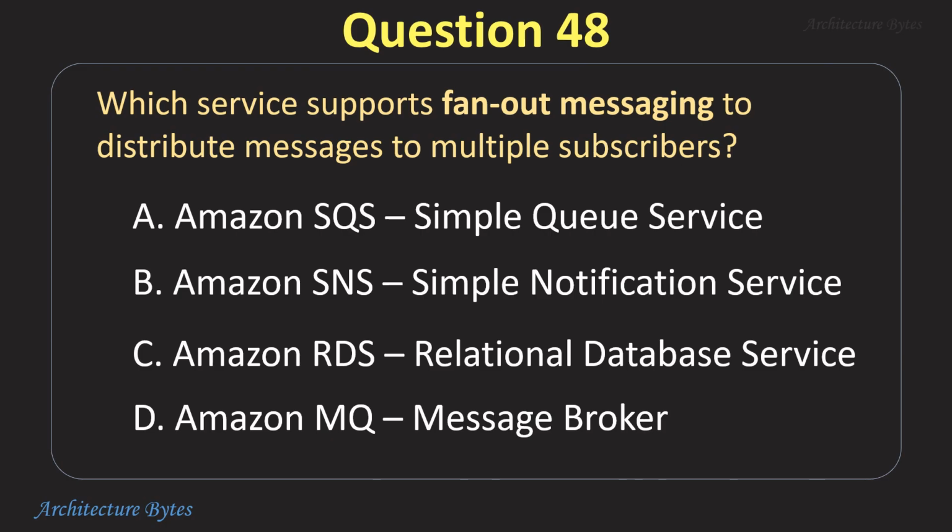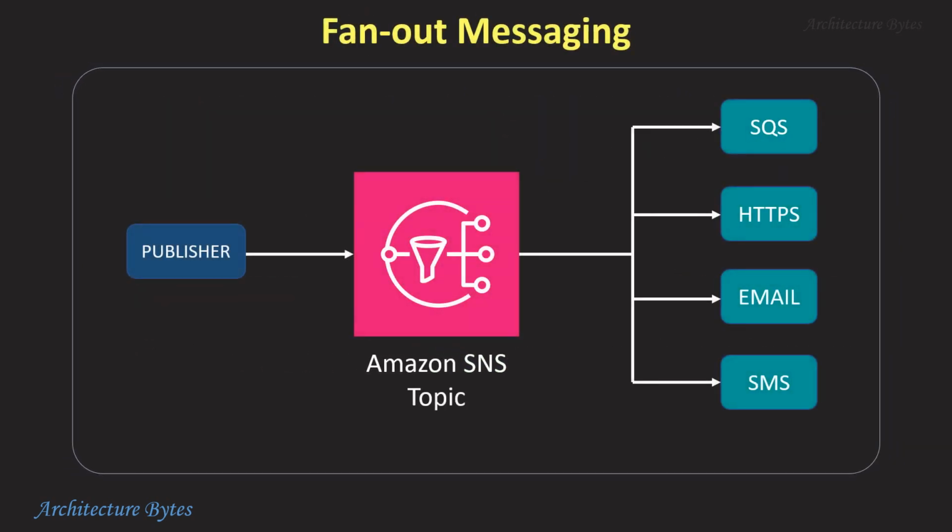Which service supports fan-out messaging to distribute messages to multiple subscribers? Simple Notification Service or SNS supports asynchronous messaging using topics to which subscribers can subscribe, so the same message can be delivered to multiple subscribers.